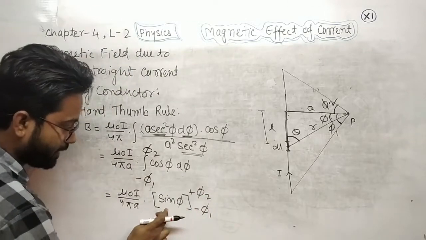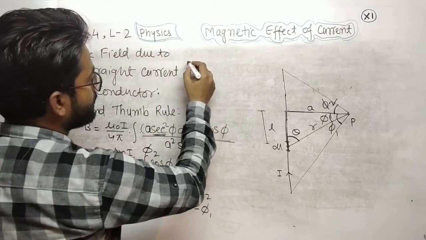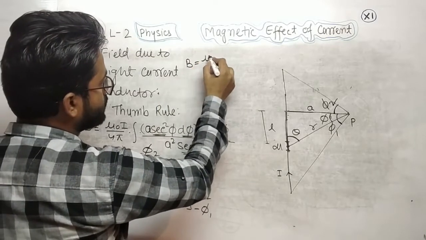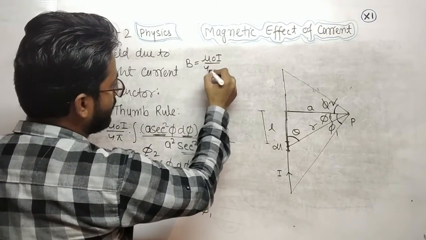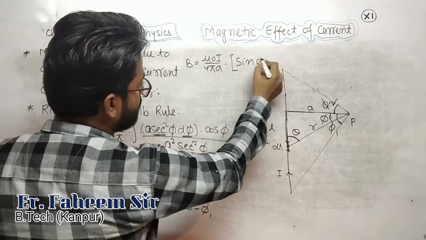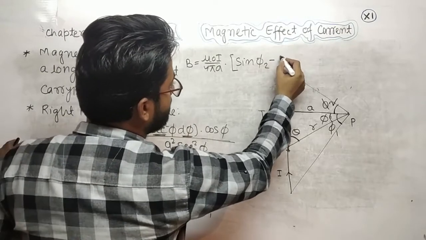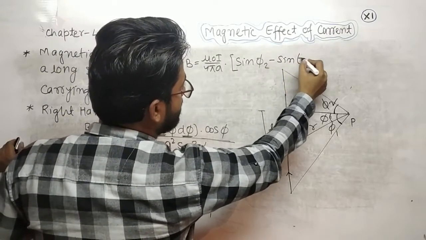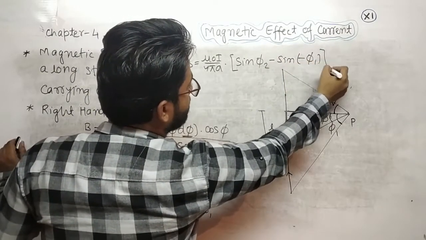Put the value sine phi 2, you will have B is equal to mu naught I upon 4 pi a, sine phi 2 minus sine minus phi 1.